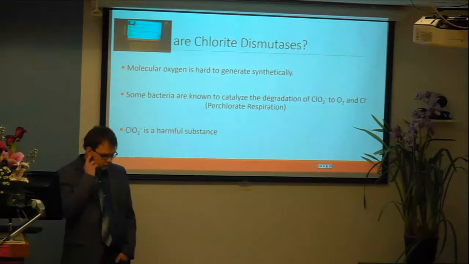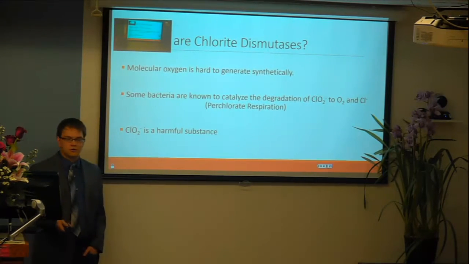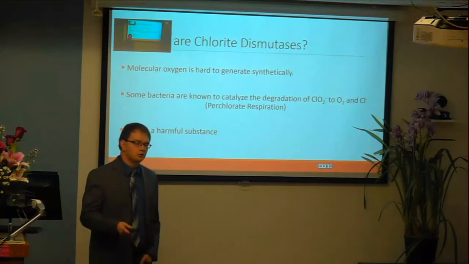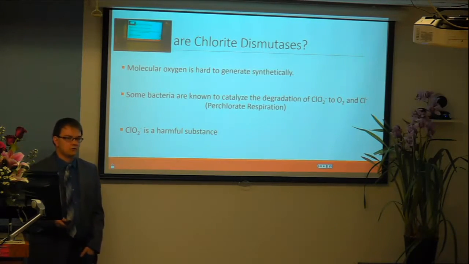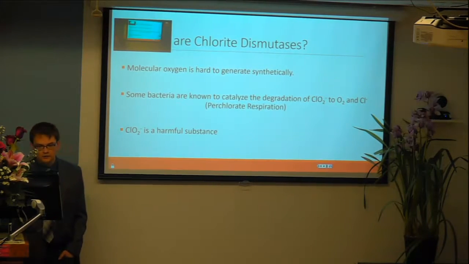Interesting to note, molecular oxygen is somewhat difficult to create synthetically, so it's very cool to see something in nature that catalyzes this reaction. That's a very important reason why we should be looking at this.